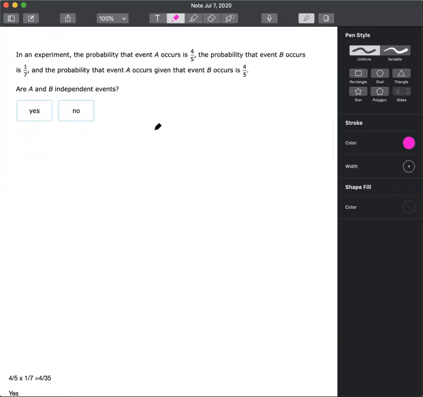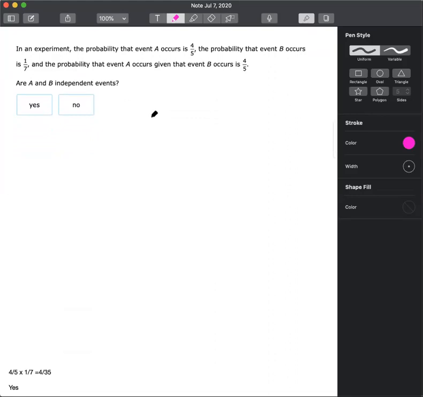All right, let's look at one more. In an experiment, the probability that event A occurs is 4/5. Probability of B is 1/7. And the probability that event A occurs given that event B occurs is 4/5. Okay, are A and B events independent?